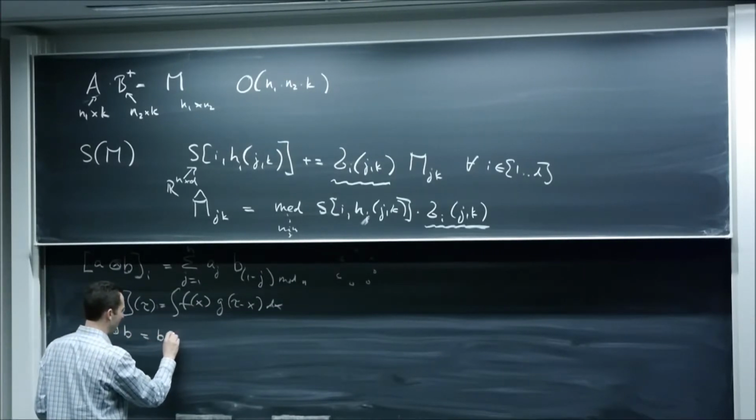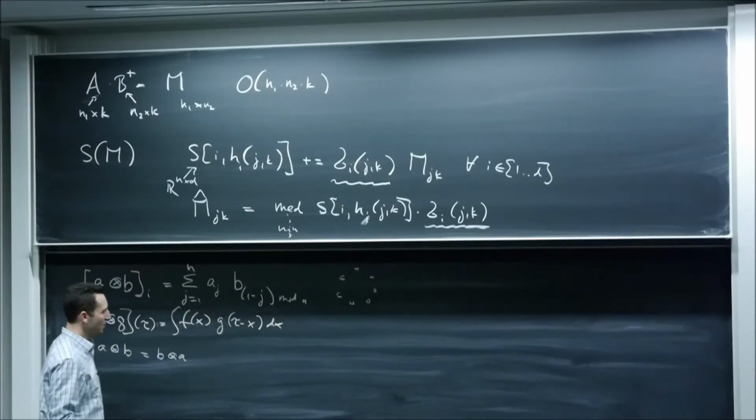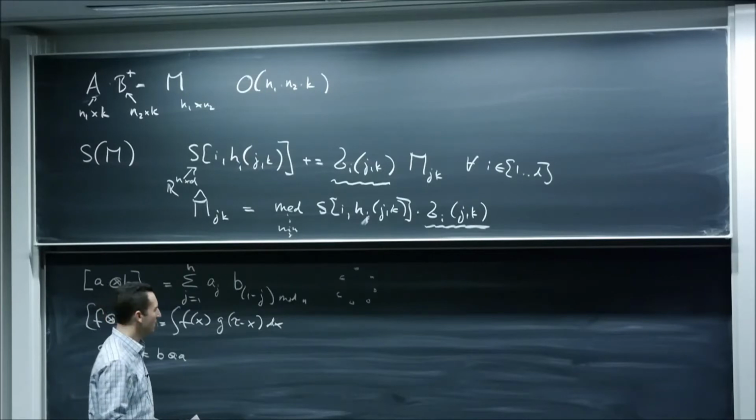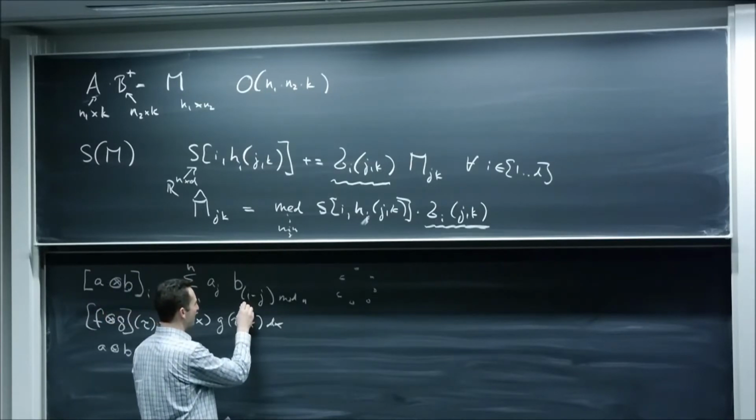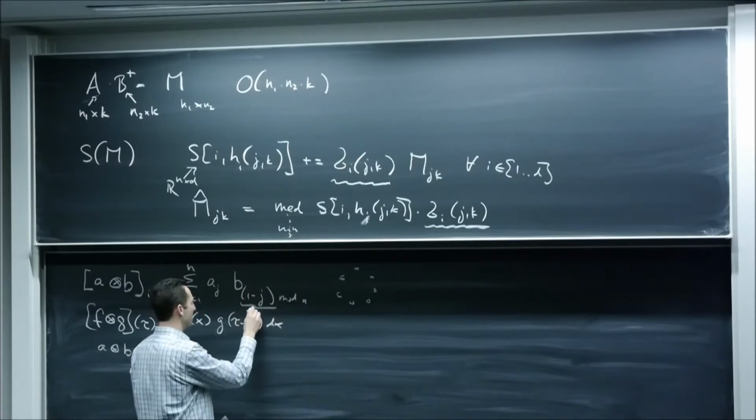And the way to see this is simply to reindex things. So you reindex this as some variable, let's call it k.